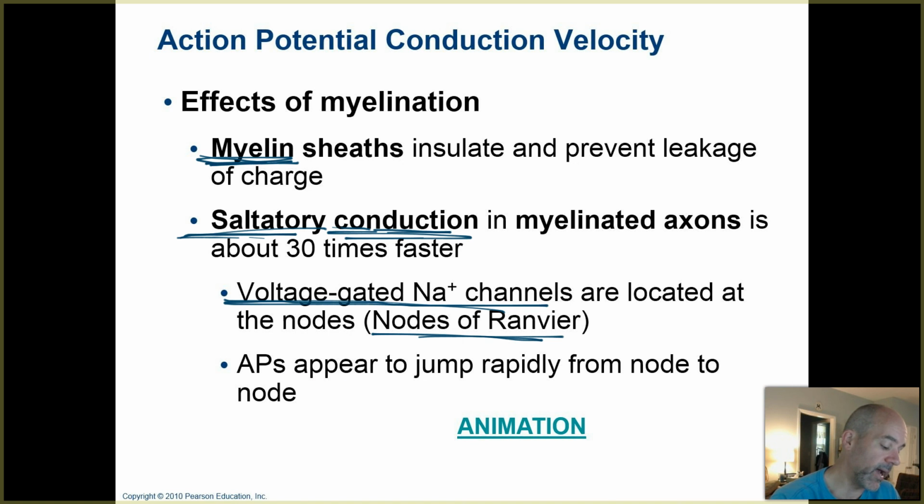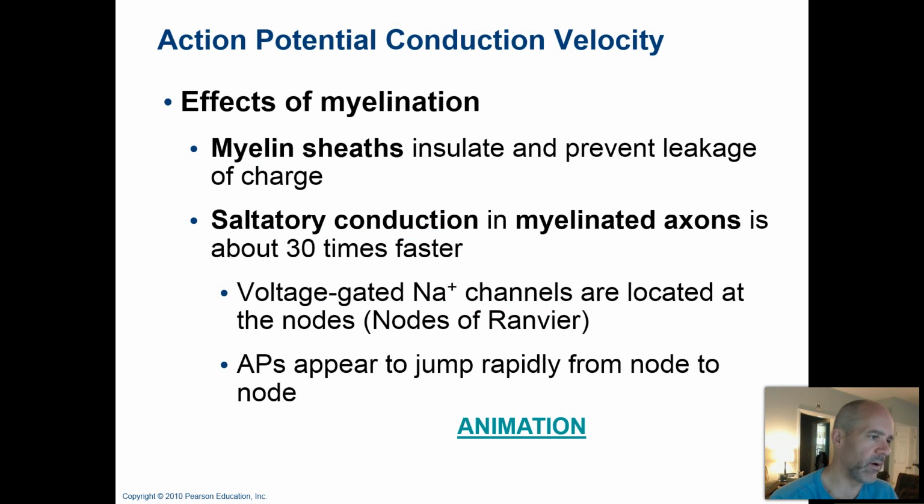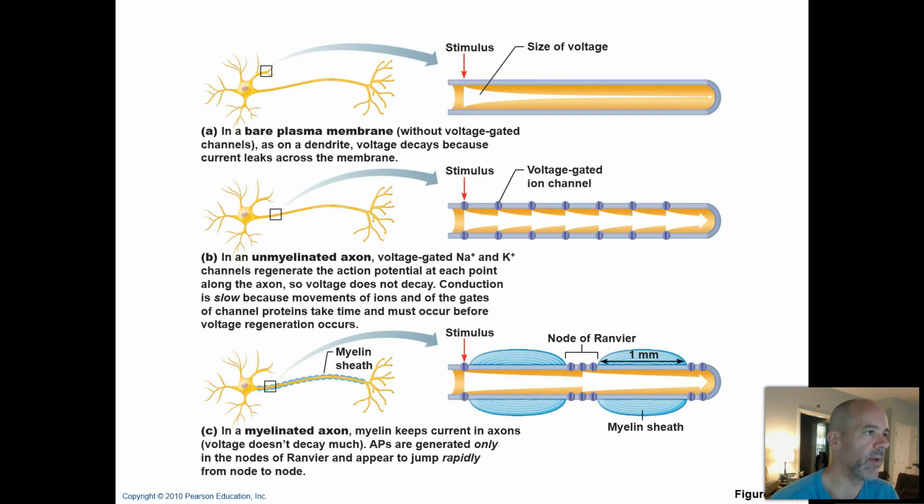So it really looks like the action potential is just jumping rapidly from node to node. In reality, it's just that the current, the change in charge with those sodium ions, rapidly progresses in between those nodes. And again, you'll see more about that. Your textbook authors have a very nice animation to show you how that works.